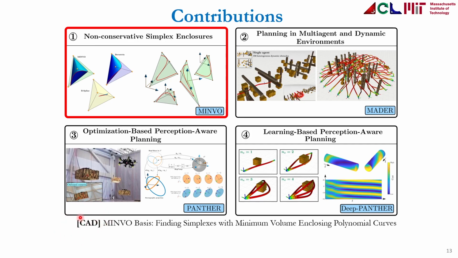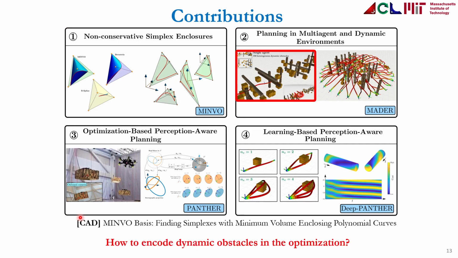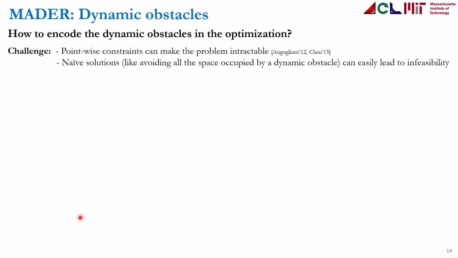Okay, so now that we have a less conservative way to impose collision avoidance constraints, the question is what happens if we have dynamic obstacles or other agents. Let's start first by talking about how to encode dynamic obstacles in the optimization. There are several ways to do this. One possible way would be to impose point-wise constraints between the trajectory you are optimizing and the trajectory that the obstacles are executing.